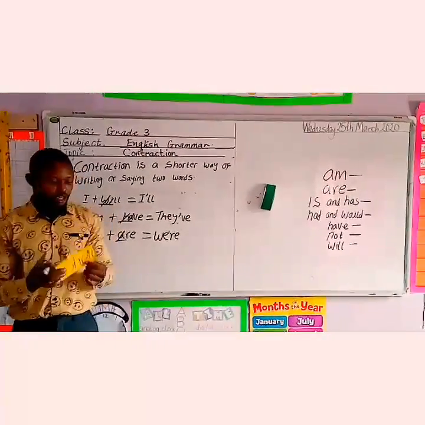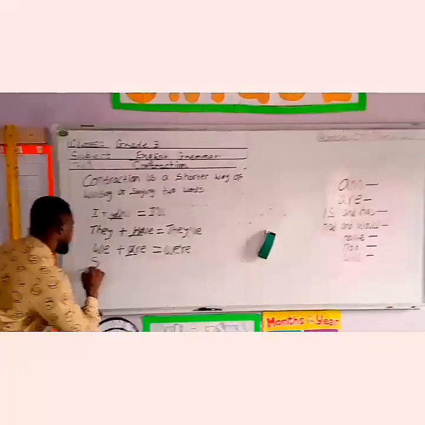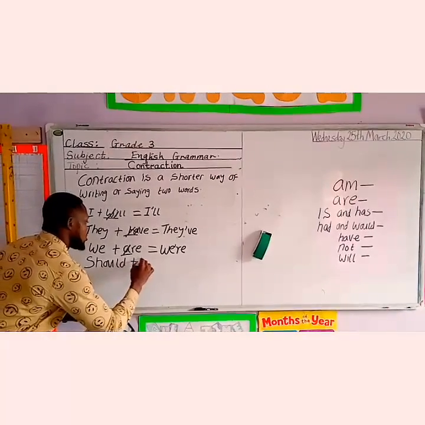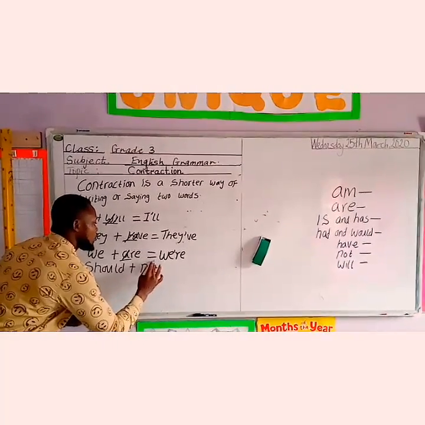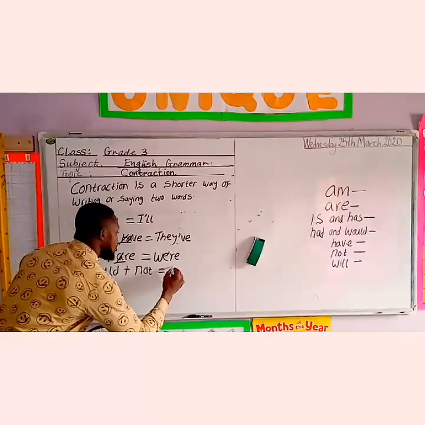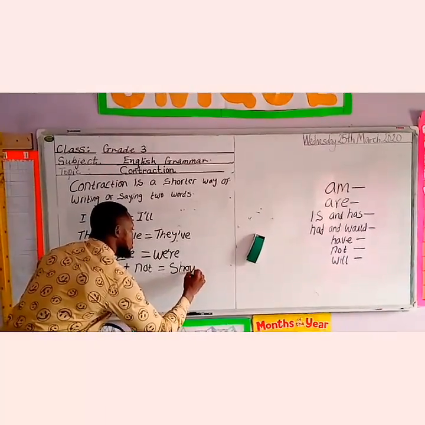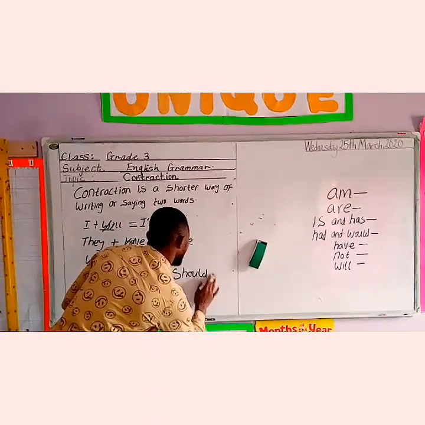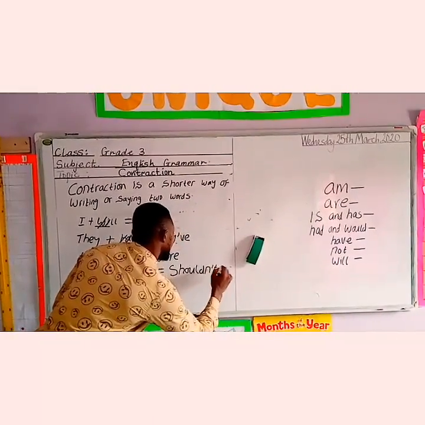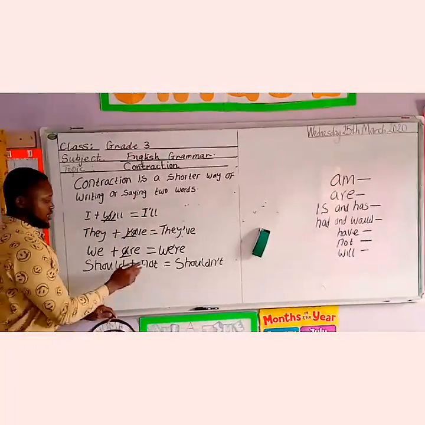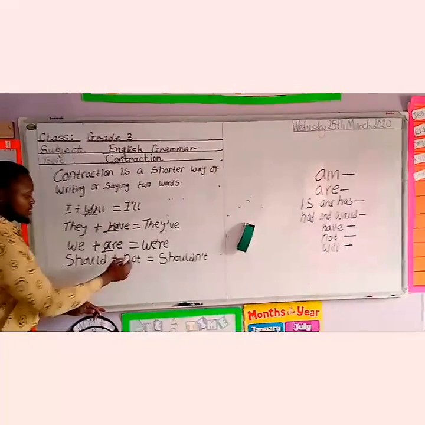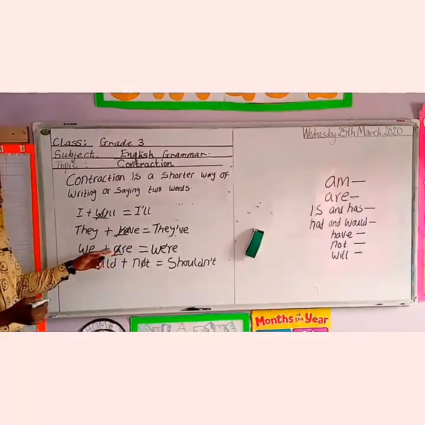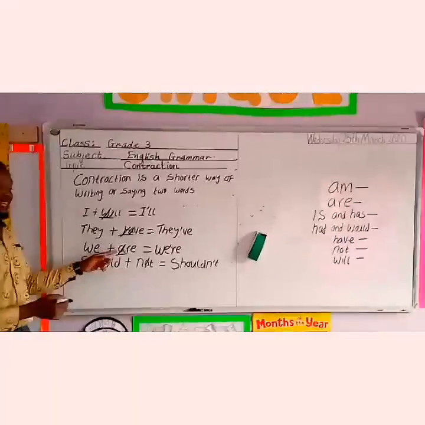Is that clear? Okay. Now for the last example here we have should not. This will form this. Shouldn't. In this case, we've omitted the O, just one of the letters, and not unlike this where we omitted the letter in front.